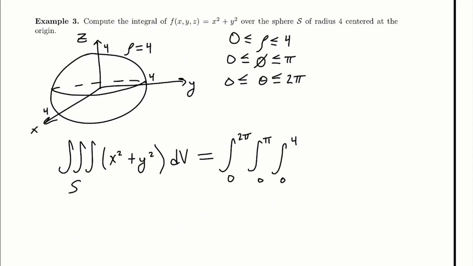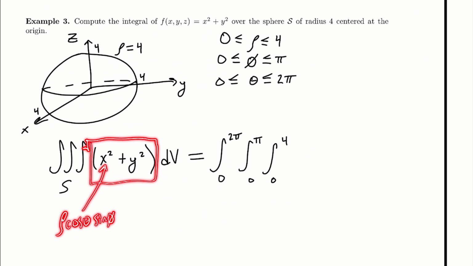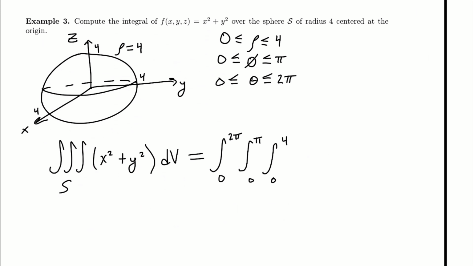The next thing we need to do here is actually convert our function into spherical coordinates. That means we need to replace x with rho cosine theta sine phi, and replace y with rho sine theta sine phi, and simplify.